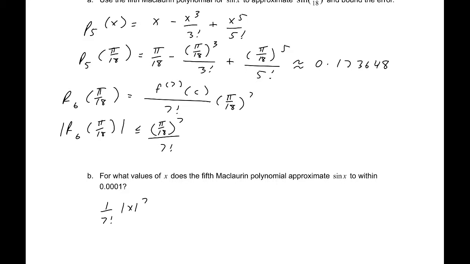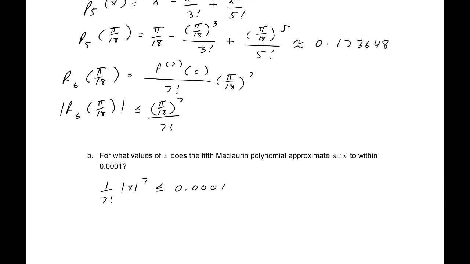We want to know when that is less than 0.0001. Well, by rearranging that, we get absolute value of x is less than 0.907. So as long as the absolute value of x is less than 0.907, then we're going to have a very, very close fit, within 0.0001.